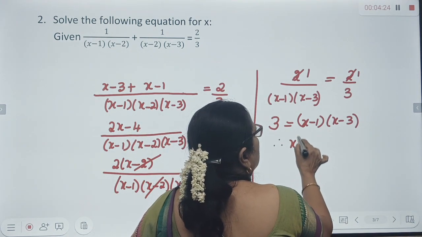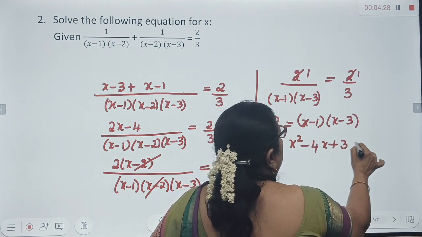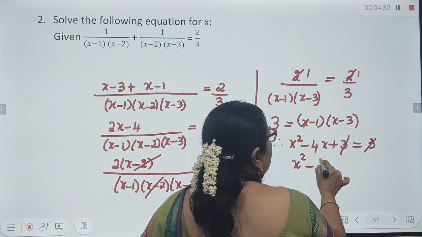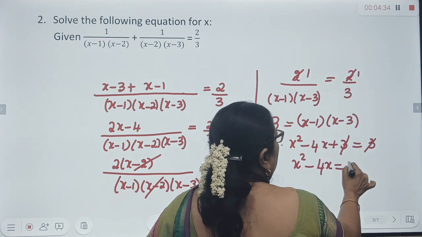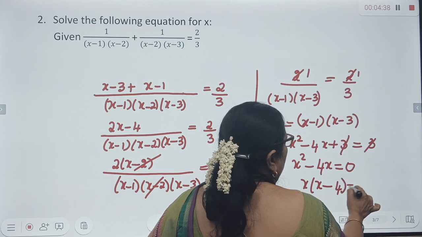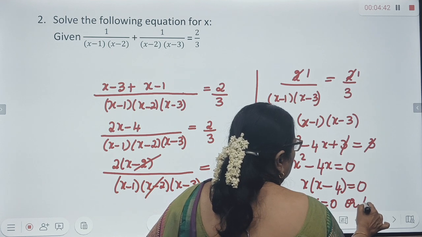Therefore, x square minus 4x plus 3 is equal to 3. So x square minus 4x equal to 0. So x into x minus 4 equal to 0. So x is 0 or 4.